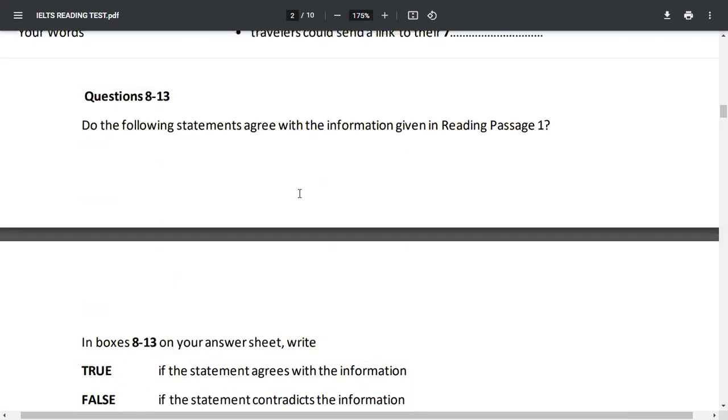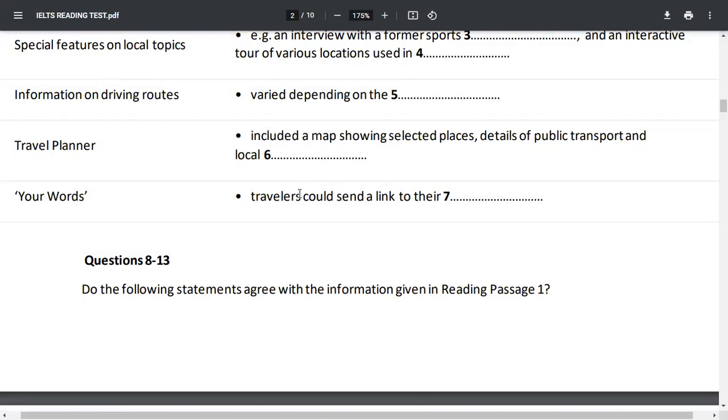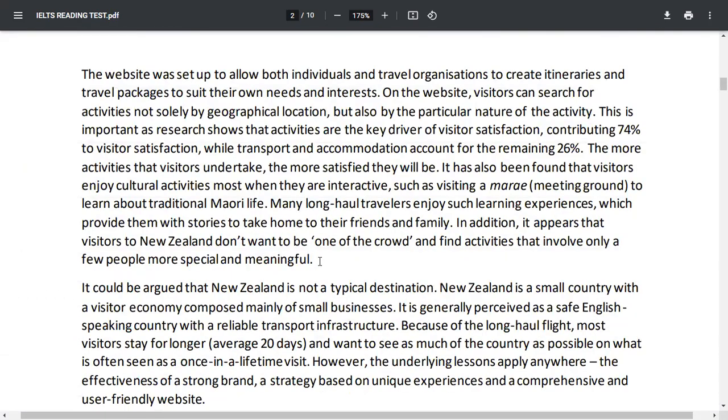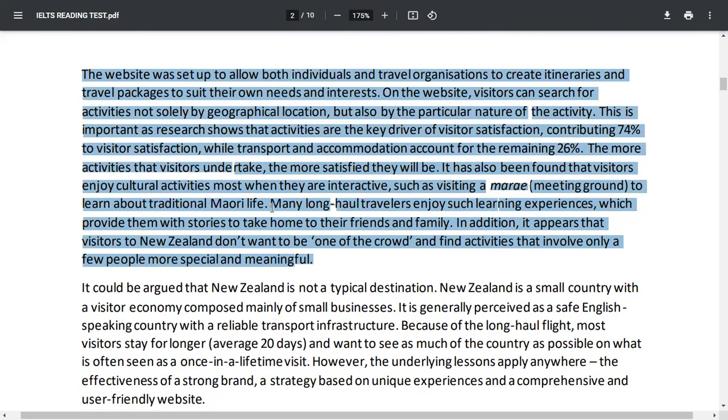Now, as many paragraphs discuss the website, finding the correct place in the passage is not easy. However, we found it in paragraph 6, as I told you.